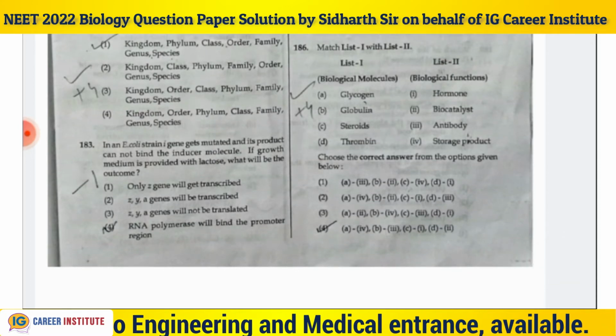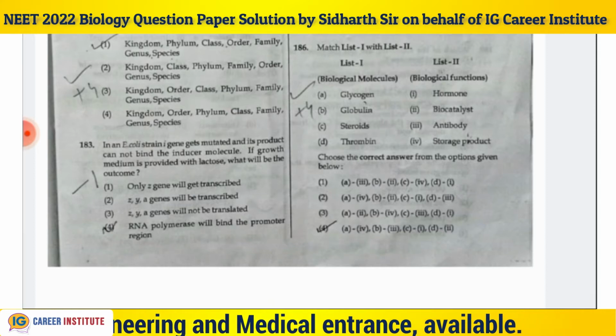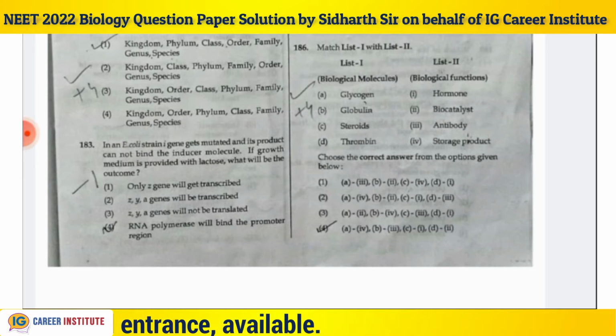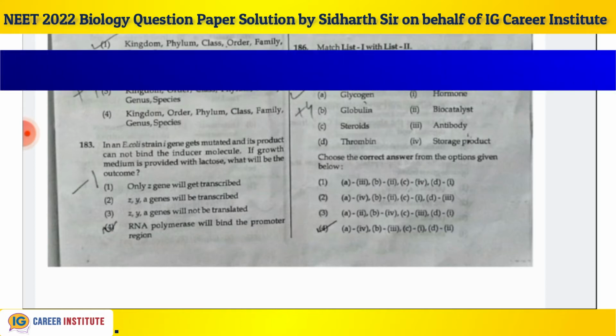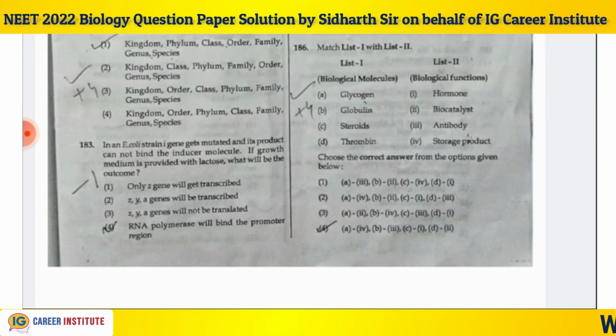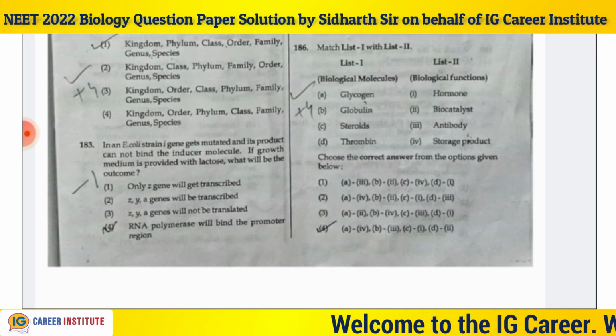183. In an E. coli strain, I gene gets mutated and its product cannot bind the inducer molecule. If growth medium is provided with lactose, what will be the outcome? So here basically, what does your I gene do? I gene actually is an inhibitor. It is to inhibit the synthesis of different products from ZYA.